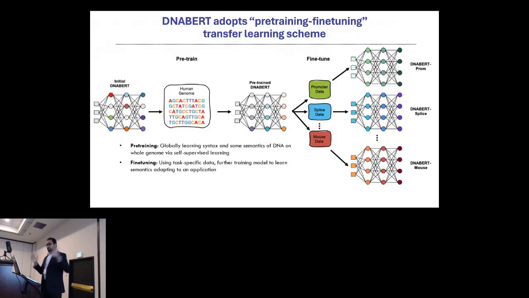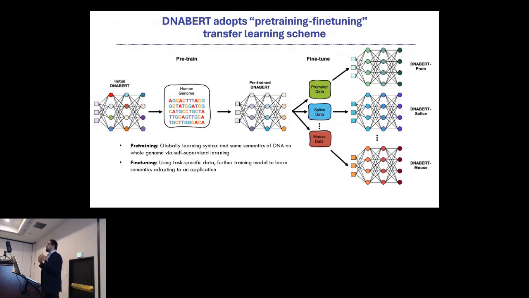As the entire pipeline is based on DNABERT, one of the genome foundation models, here is a slide with a brief overview of how the DNABERT language model works. DNABERT is divided into two stages: one is pre-training, another is fine-tuning.